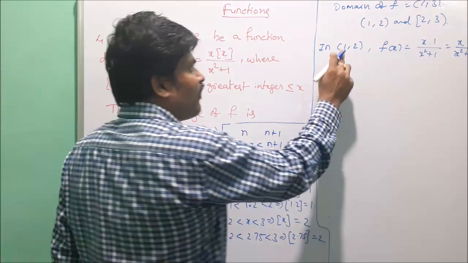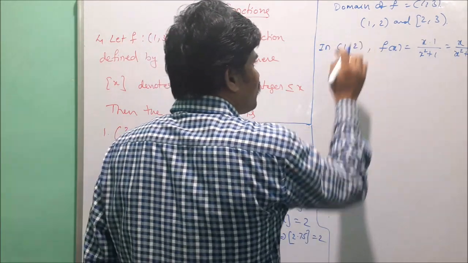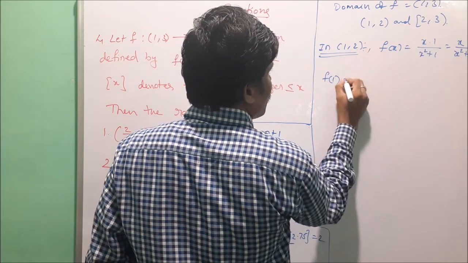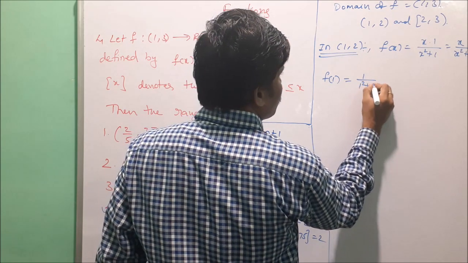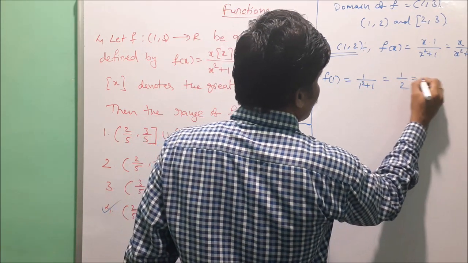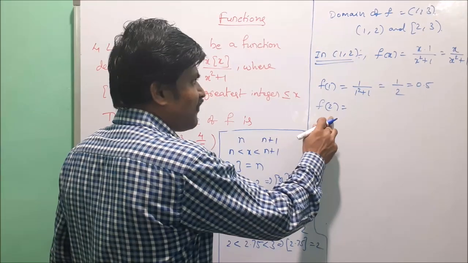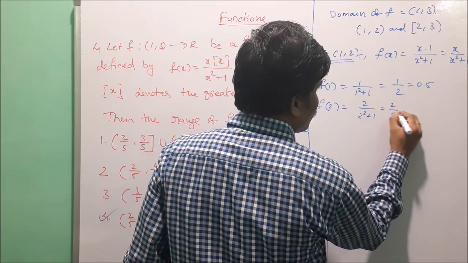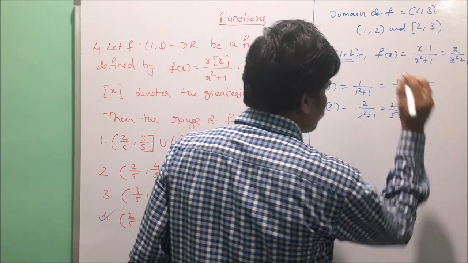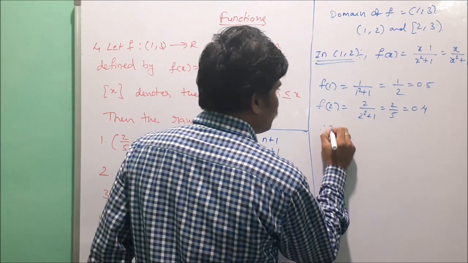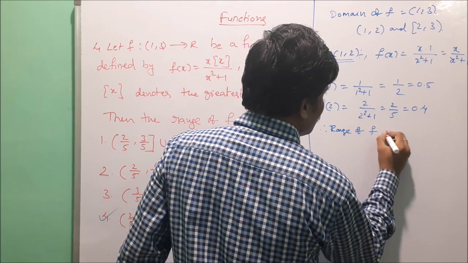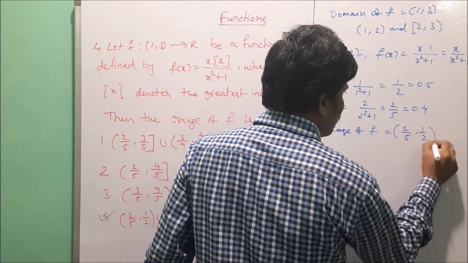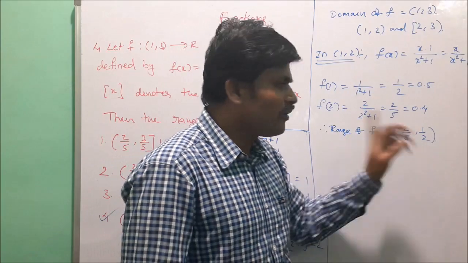Here we find f of 1 and f of 2 in the first subinterval. f of 1 equals 1 by 1 square plus 1, that equals 1 by 2, which is 0.5. f of 2 equals 2 by 2 square plus 1, that equals 2 by 5, which is 0.4. Now the range of f is the open interval 2 by 5 to 1 by 2. So this is open, the range is also open.